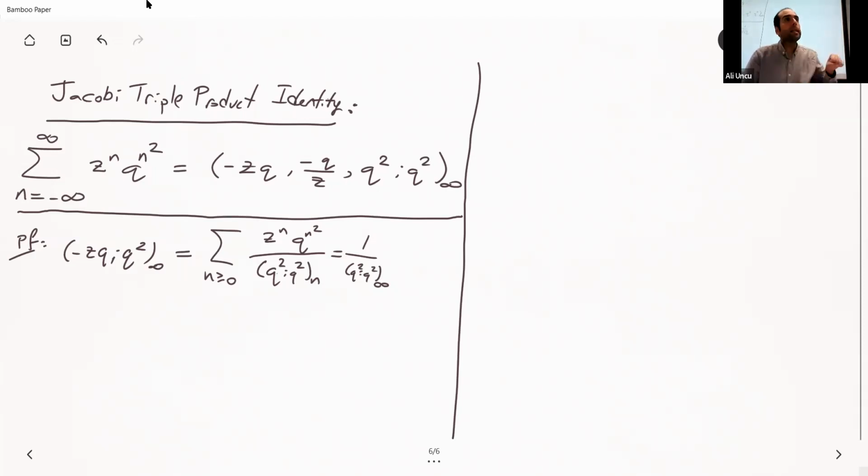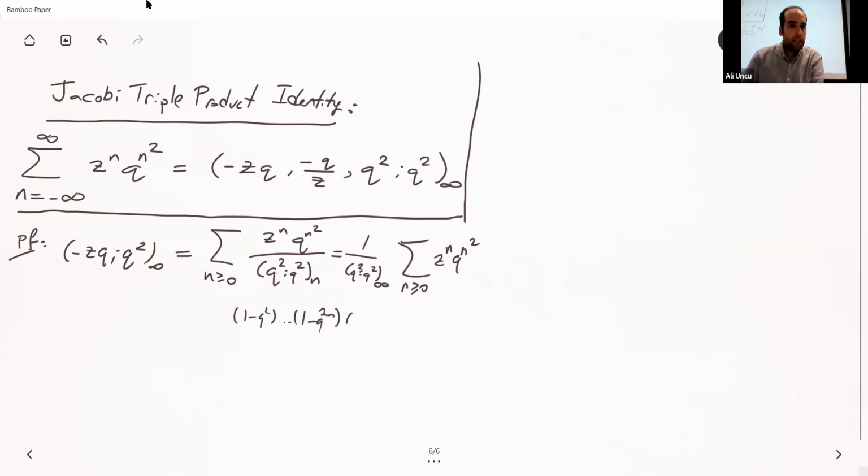If I want to pull this out, how should the sum change? How should the summands change on the inside? Now, this z^n or q^(n^2) are not going to get affected, but I completed this product (q^2; q^2)_n. So what did I multiply this with to make it into a (q^2; q^2)_infinity? This goes from 1 minus q^2 to 1 minus q^(2n).